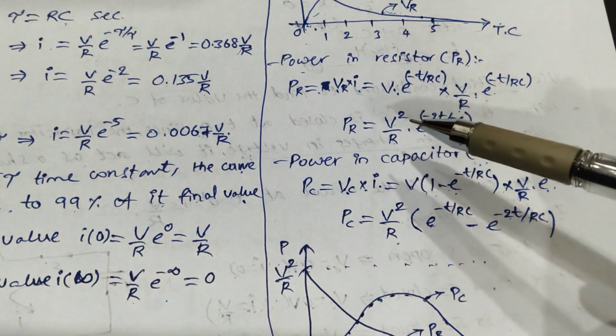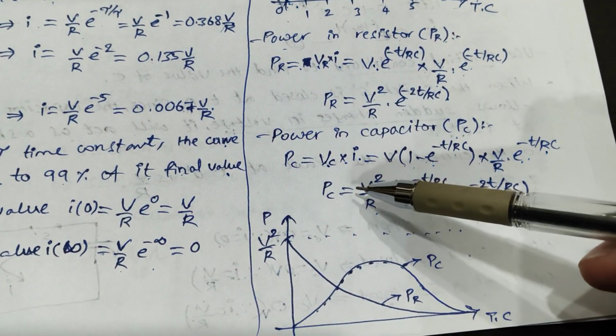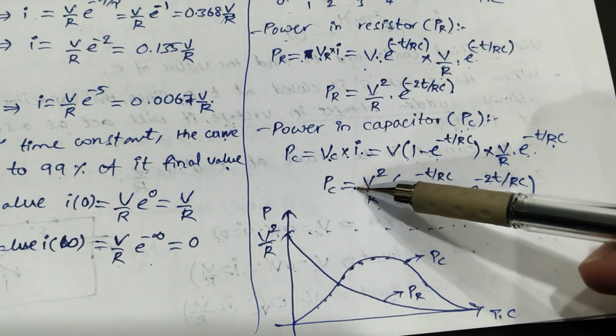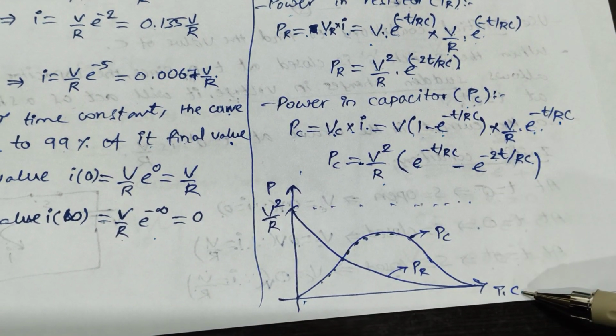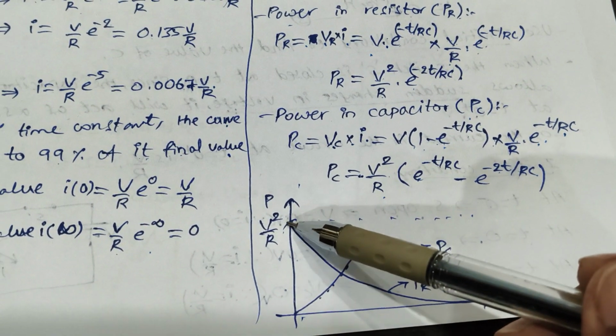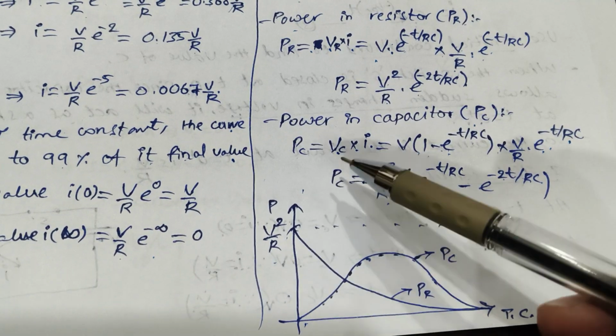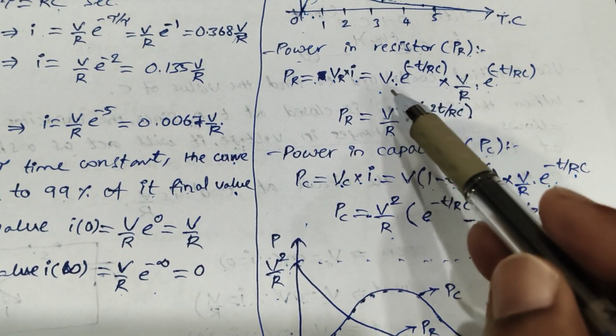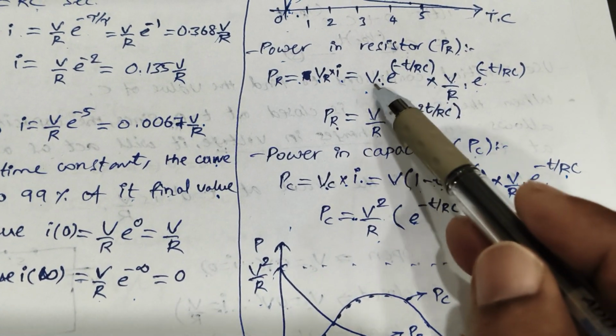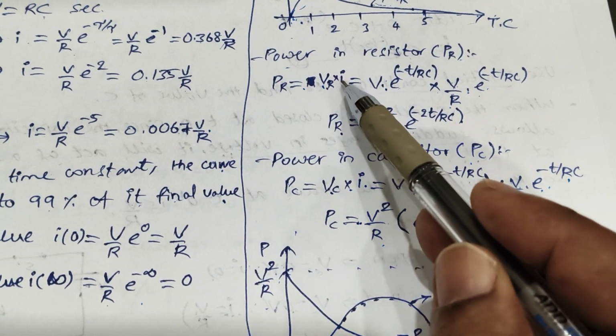Again, I can draw the curves for power in resistance and power in capacitance. Power on the y-axis, time constant on the x-axis. The steady state power is nothing but V square by R, the dotted line. If you see the power in resistor, it is voltage across resistor into current.